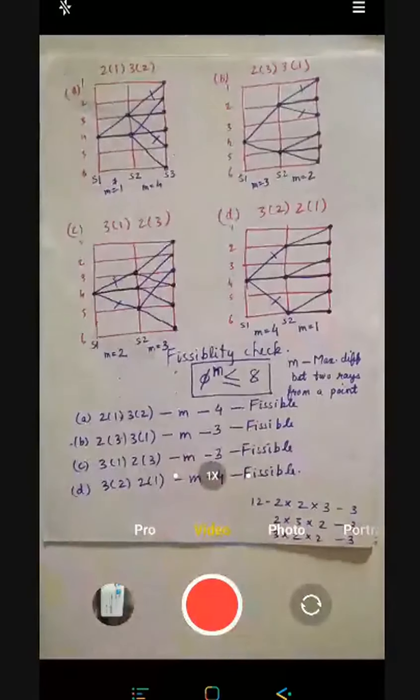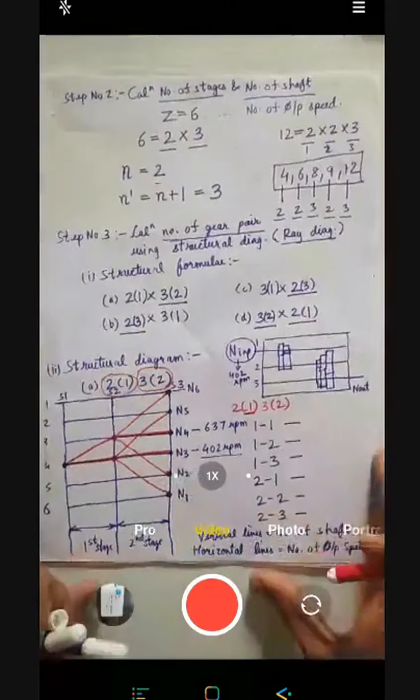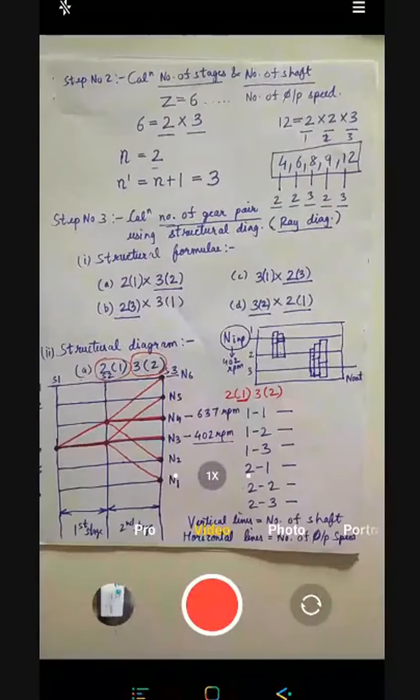Then we moved on to step number 2. In step number 2, we started with the calculation of number of stages and number of shafts.